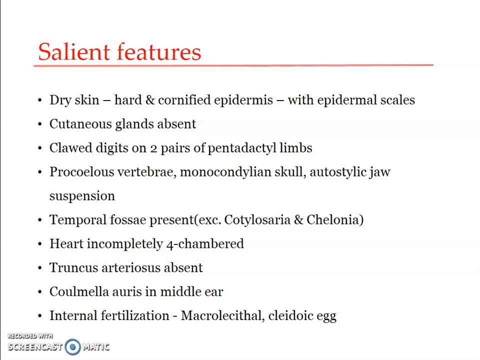They have a dry skin due to the development of hard cornified epidermis, or it could be due to keratinization, and their exoskeleton consists of epidermal scales, plates, scutes, and spines. Among vertebrates, it is reptiles that have the epidermal scales appearing first as a terrestrial adaptation, and this helps to prevent loss of water by evaporation.